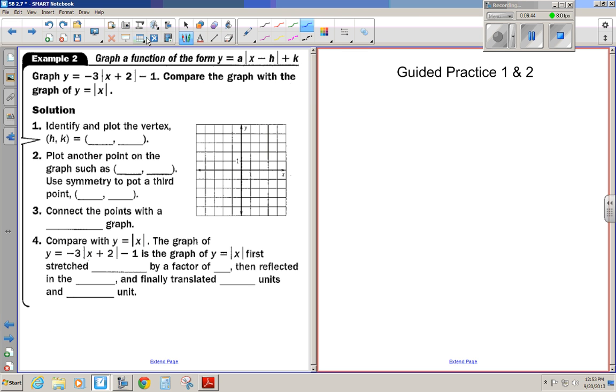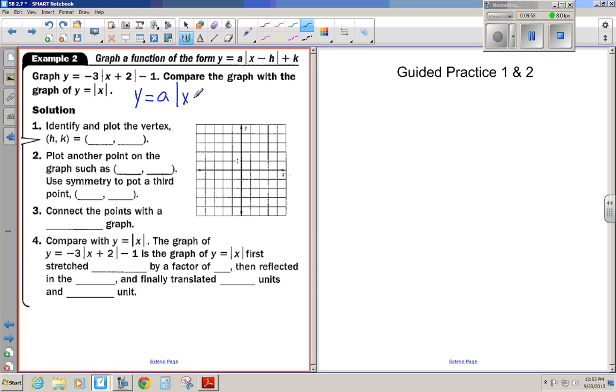All right, so now we have the child function. The child function looks like y equals a times the absolute value of x minus h, plus k. So what you need to start thinking about is what makes x minus h equal to 0.